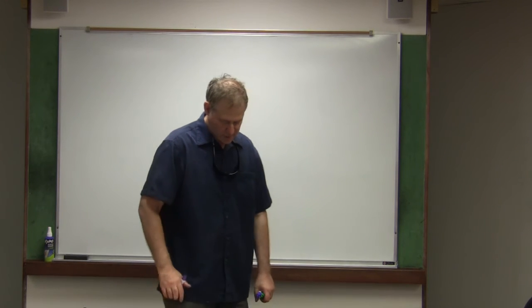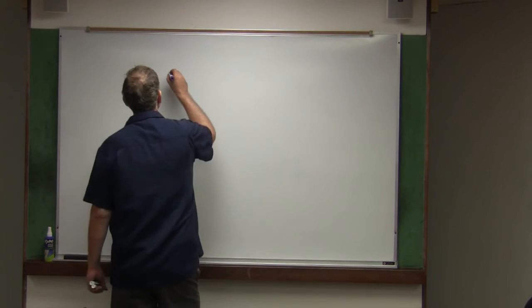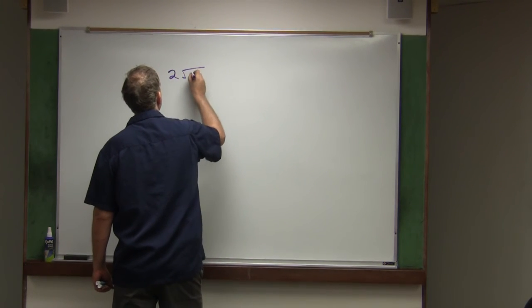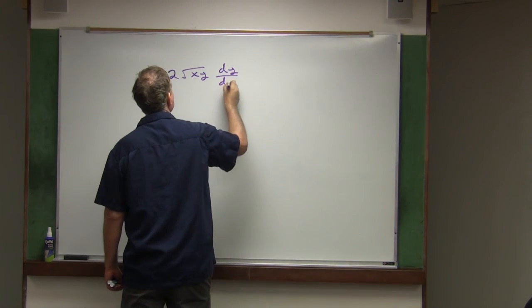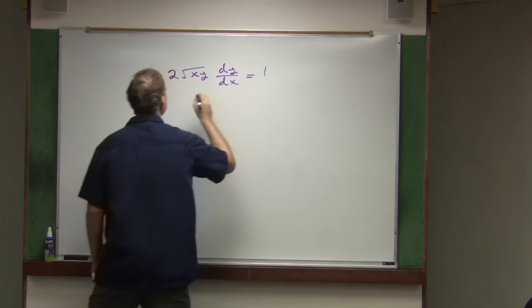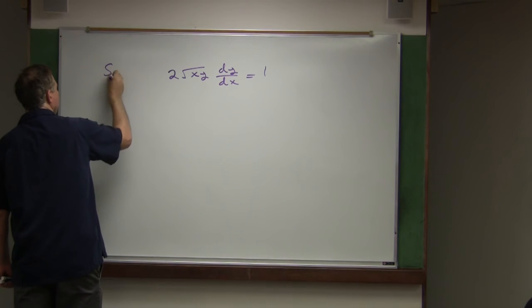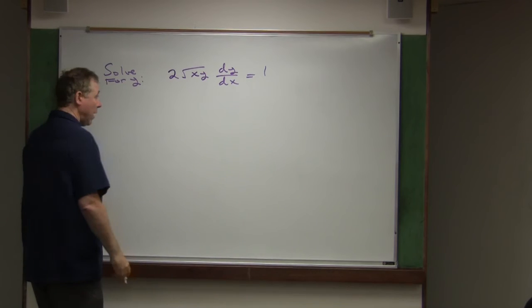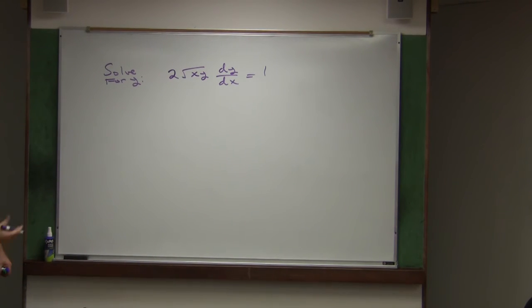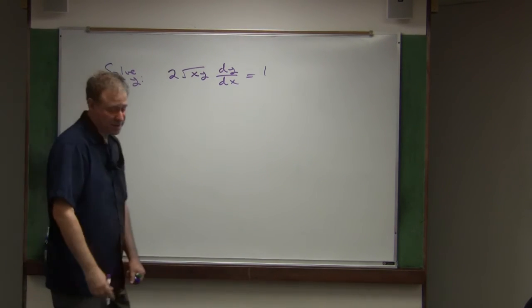So 2 square root xy dy dx is equal to 1. Solve. Remember, y is a function of x, so you're solving for y as a function of x.